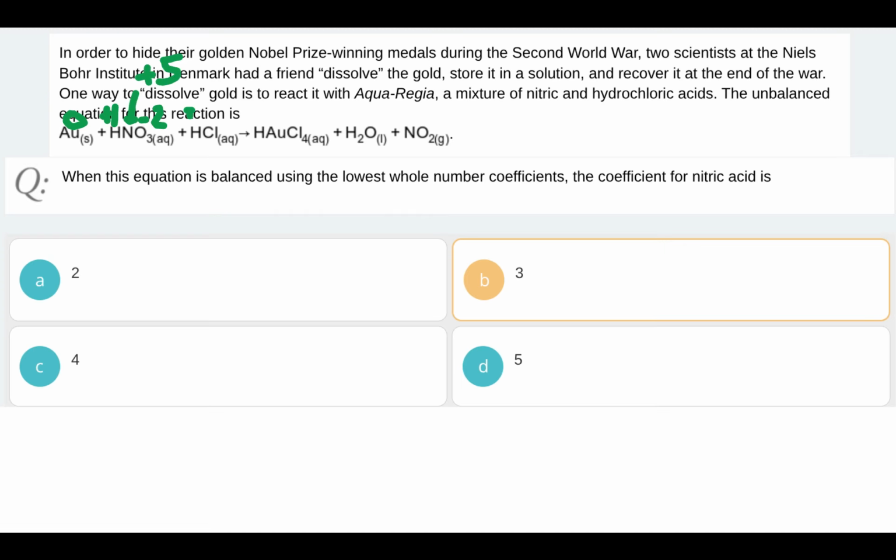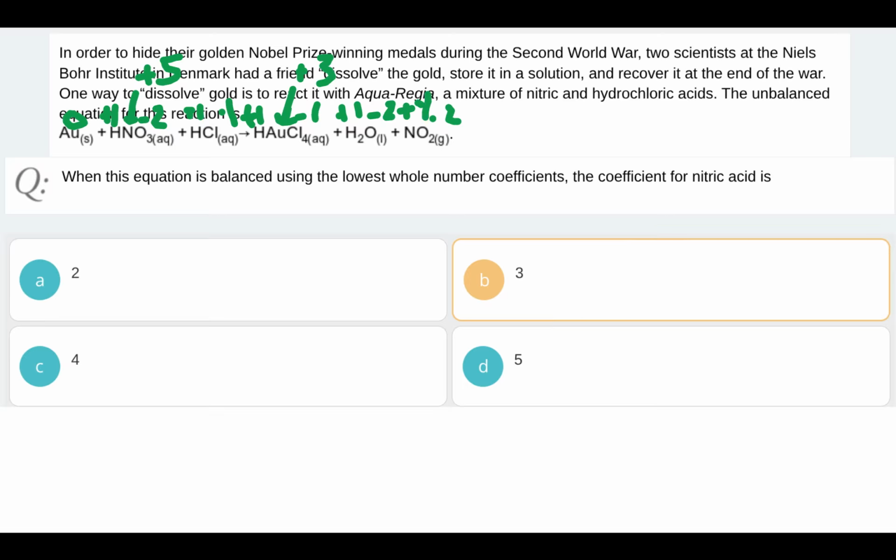Here we know hydrogen is always positive 1, chlorine would be -1. Over here, again, hydrogen is always positive 1, chlorine is -1, and the Au has to add to neutralize, so that would be positive 3. Then -2, positive 1, and -2, positive 4.